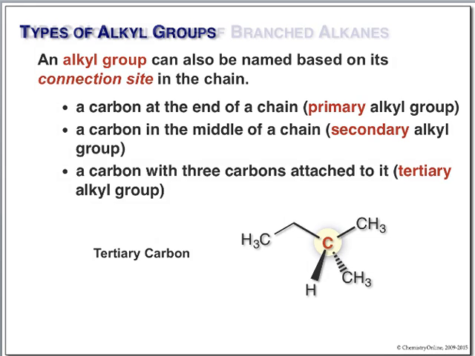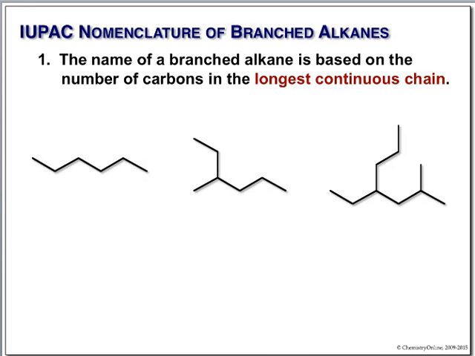All right, let's go ahead and do some standard nomenclature. Step one, if we have a branched alkane, that means we have a parent chain with things hanging off. We want to first of all identify the longest continuous chain of carbons.